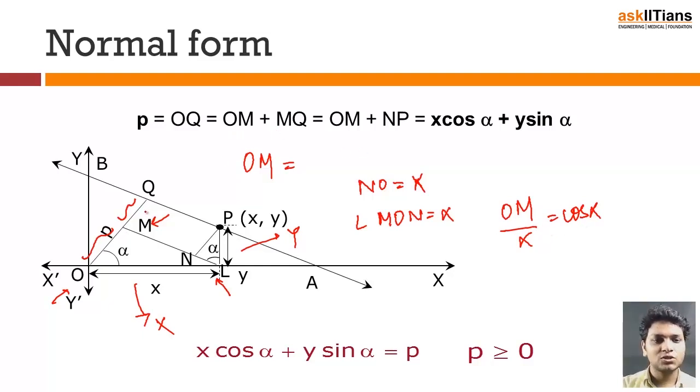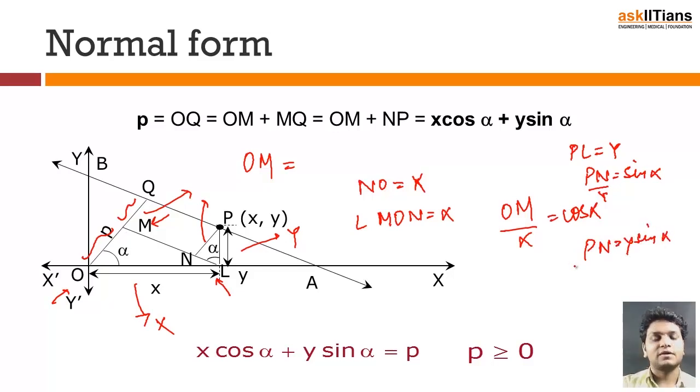OM plus MQ, as you can see, this MQ is equal to NP, and NP can be found out using the triangle NPL, where PL is equal to Y and PN by Y is sine of alpha. So PN is nothing but Y sine alpha.